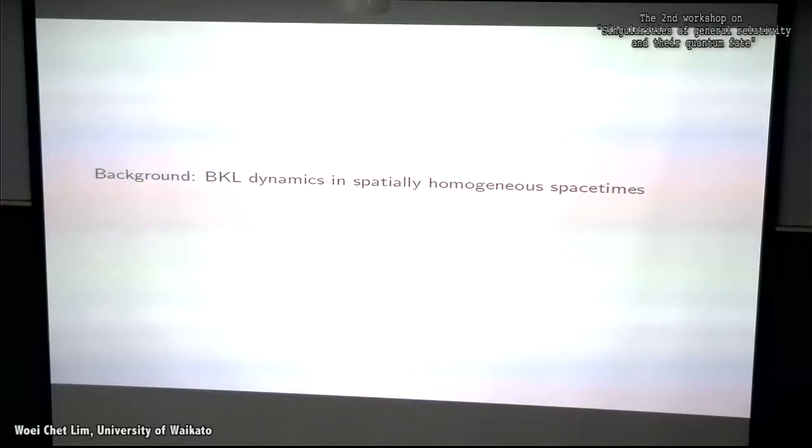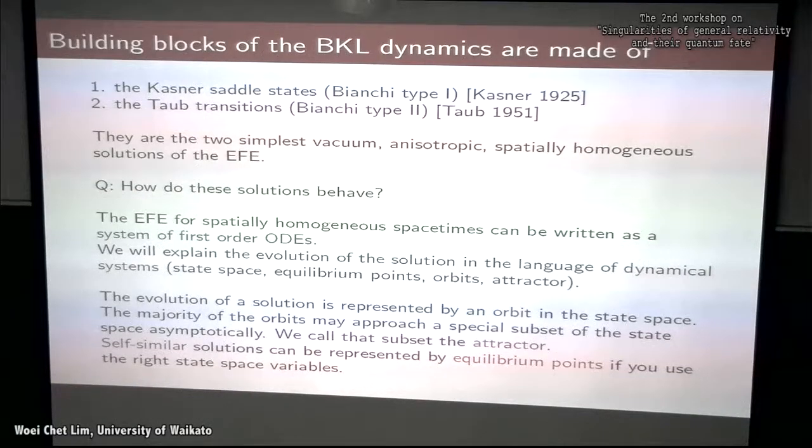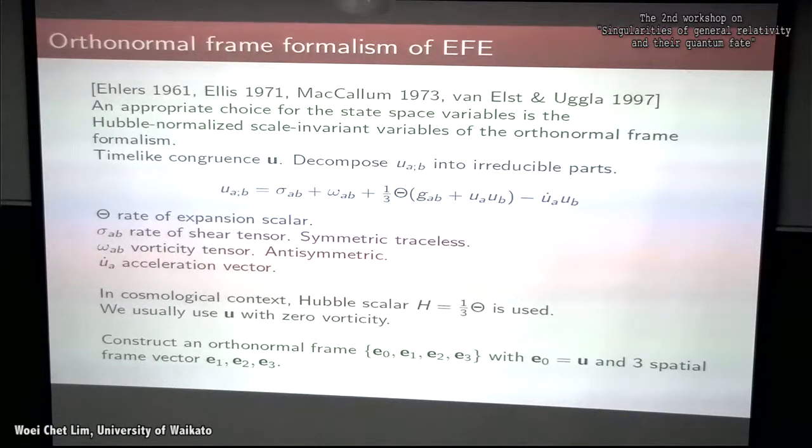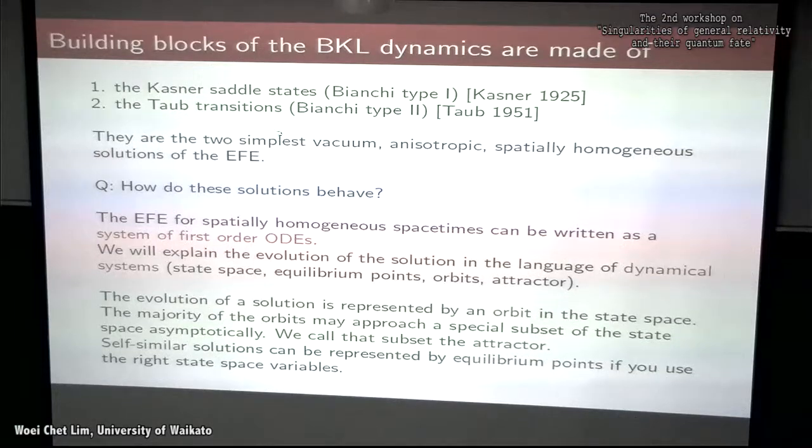To set up for spike dynamics, I would review spatially homogeneous or Bianchi spacetimes. The main building blocks of what we know before spikes were discovered, the main building blocks of the BKL dynamics are made of the Kasner solutions and the Taub solutions.